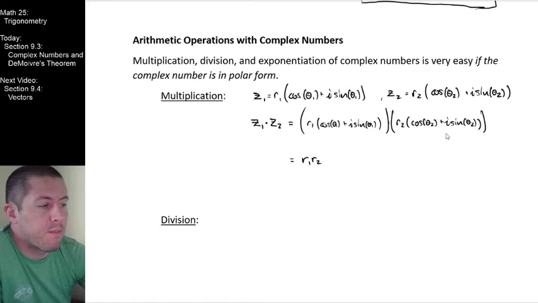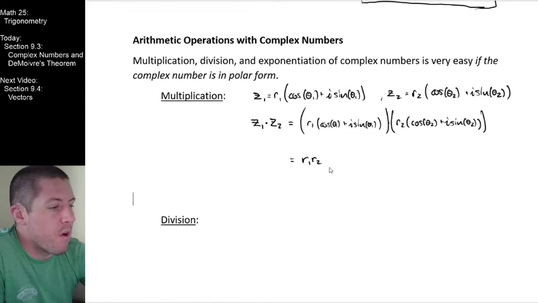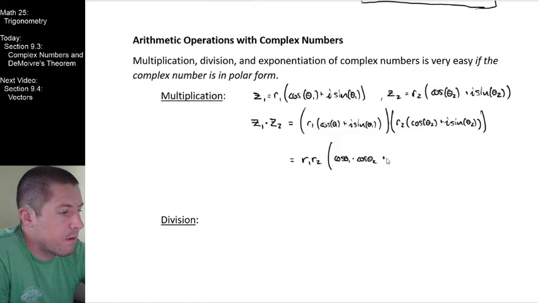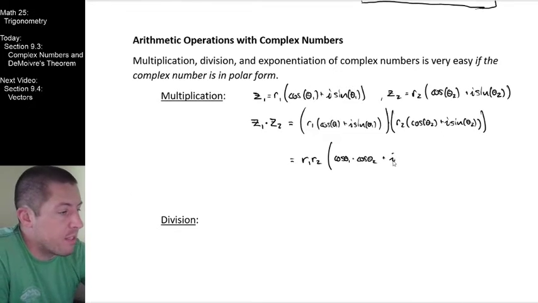Well, it looks like I need to FOIL out this stuff right here. Cosine theta 1 plus i sine theta 1, cosine theta 2 plus i sine theta 2. So let's go ahead and FOIL out these terms here. So first says we're going to get cosine of theta 1 times cosine of theta 2. Outer says cosine theta 1 times i sine theta 2.